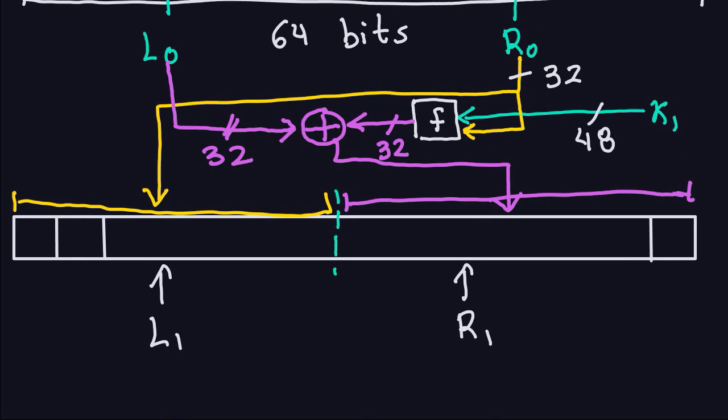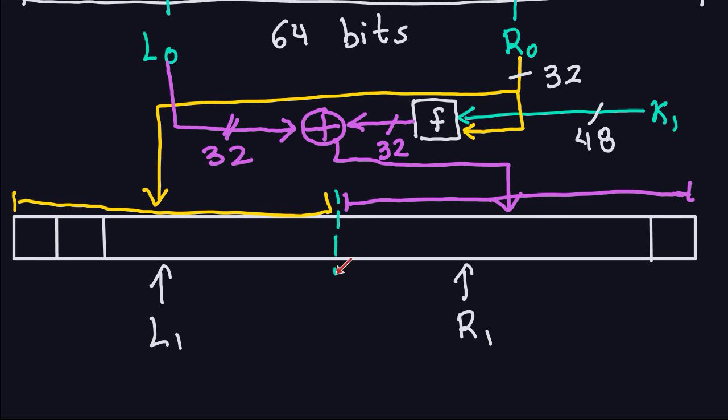So once that is done, this is another 64-bit. That 64-bit will go into the second round. The second round will do almost exactly the same thing. It's going to have exactly the same structure, but instead of using K1, it's going to use K2, and instead of using R0, it's going to use R1.